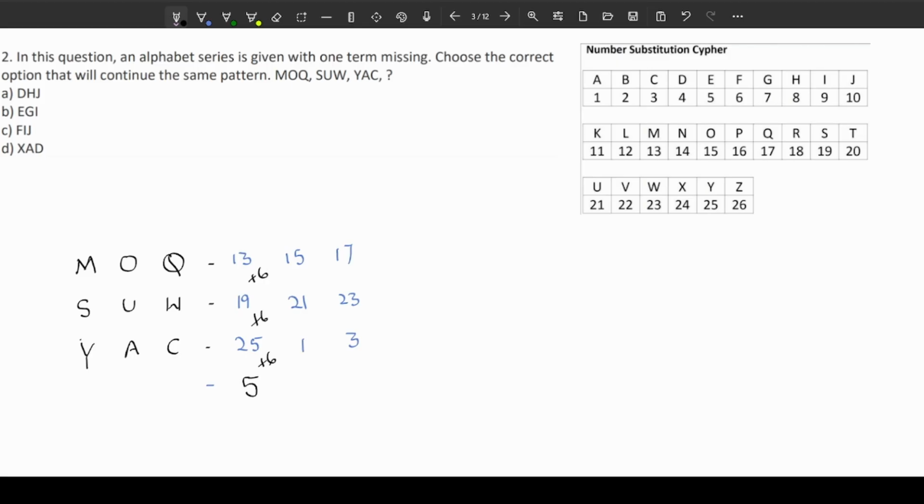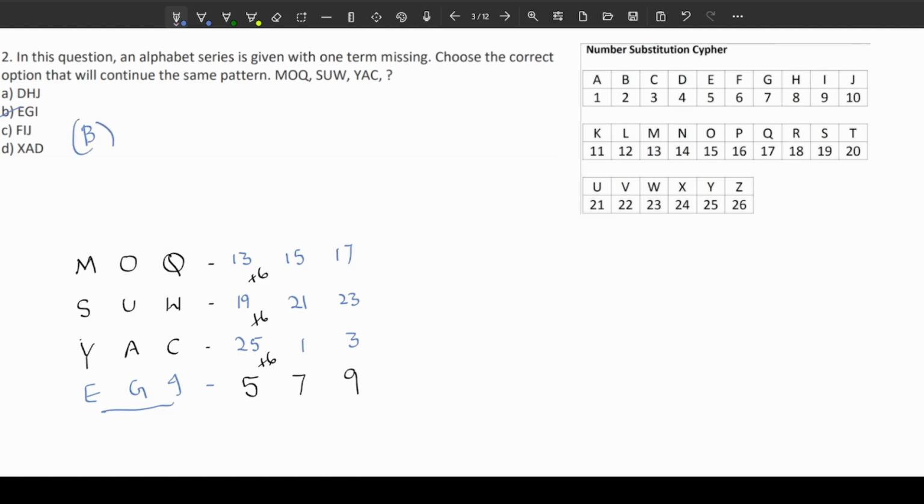So our first number will be 5. And since there is a difference of 2 for the next alphabet, your series should be 5, 7, 9. Now converting these positions into alphabet, 5 is E, 7 is G, and 9 is I. So your next series would be EGI, hence your answer is B here.